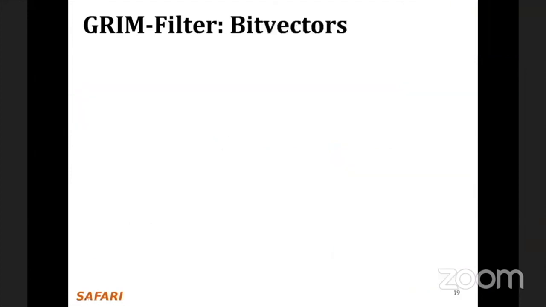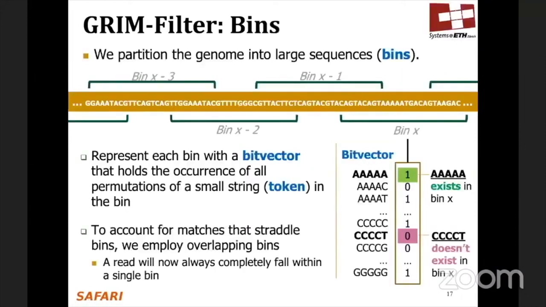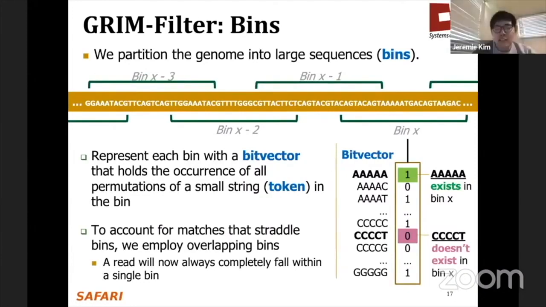Jeremy? Yes. How do we decide on the size of the bin itself and the token? Yeah, so obviously there's more information if you have less populated bit vectors, and so you can extract more information. Obviously, if the bin's too large, the bit vector will likely be all ones.